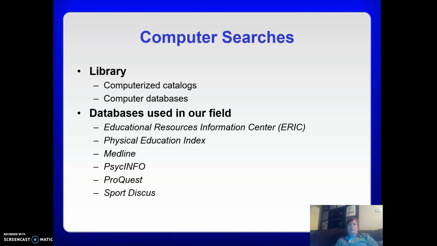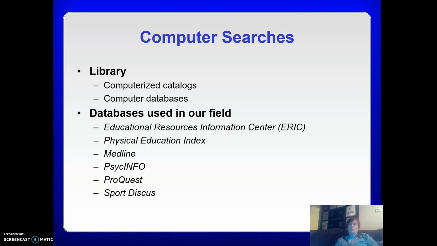Talking about computer searches, I am assuming most of you have already been on the computer, used our library, been on databases, but obviously in today's world, really everything is right at your fingertips. In our field, and again, this is not all exclusive, there are other databases, but some of the ones used in our field would be ERIC, the Physical Education Index, Medline, PsycInfo, ProQuest, and the one I use a lot would be SportDiscus.